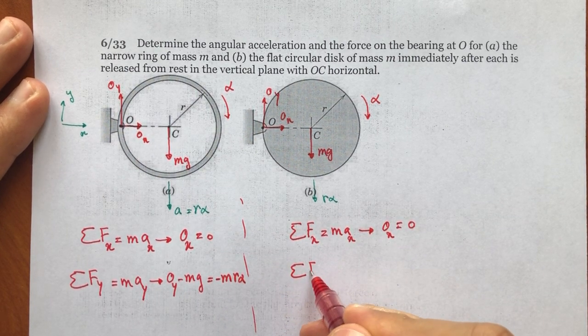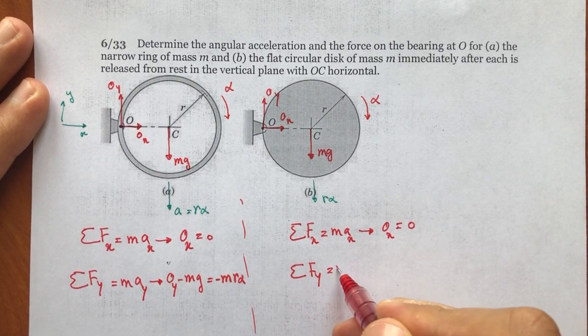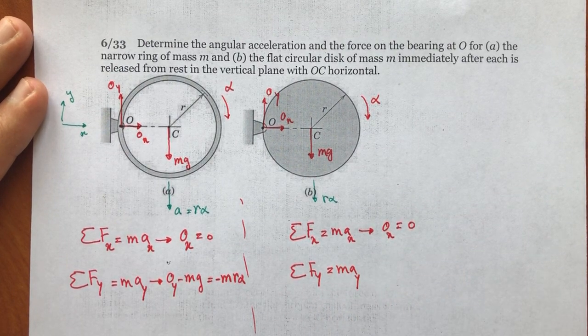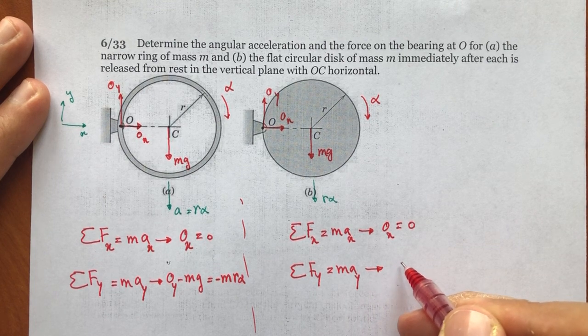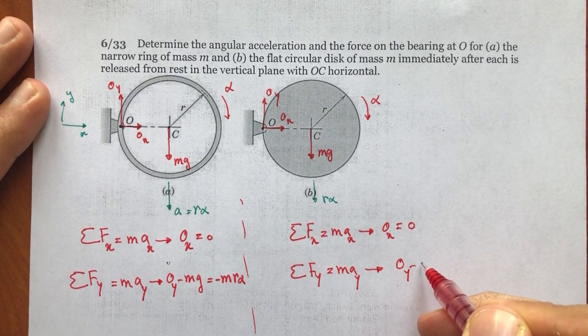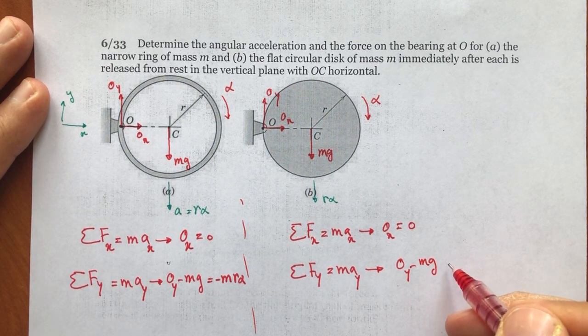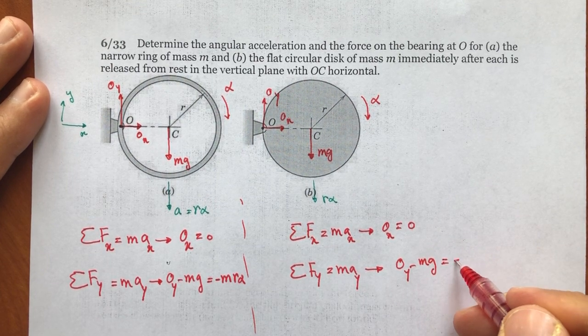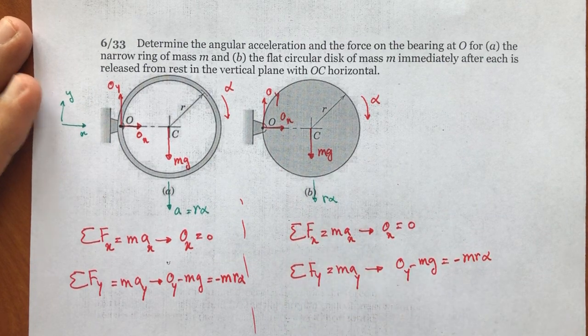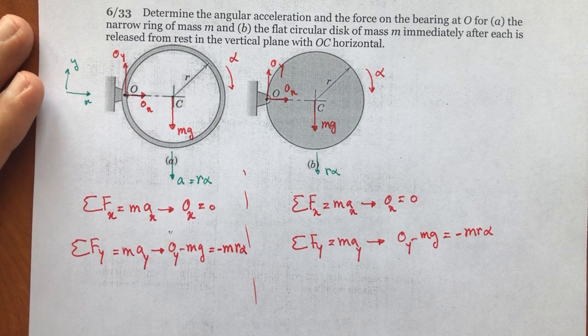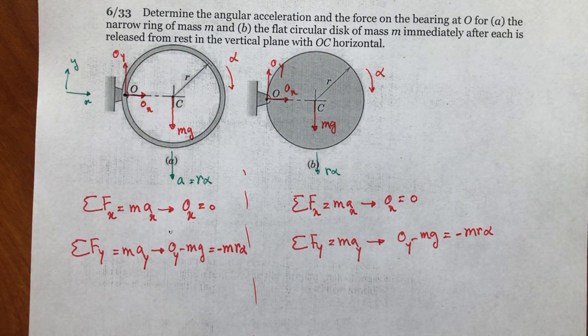Sum of the forces in the y direction is equal to mass times acceleration of the centroid in the y direction. So OY minus mg is going to be equal to negative m r times alpha. Negative, again, because the acceleration is in the negative y direction.